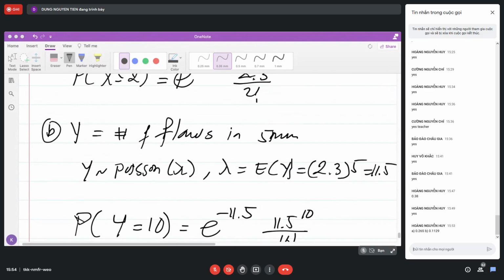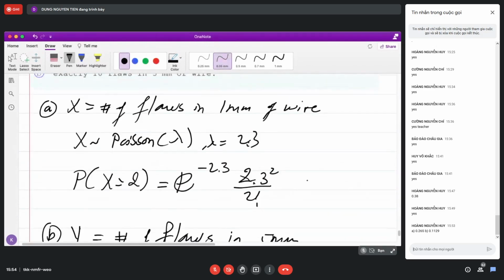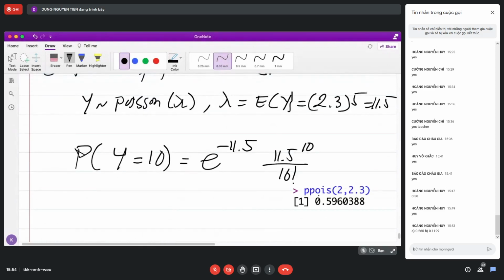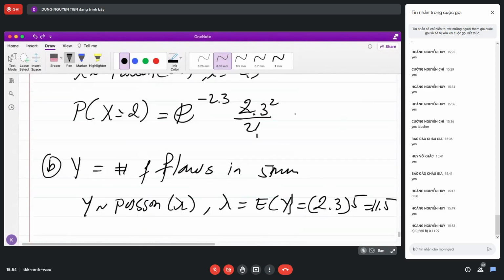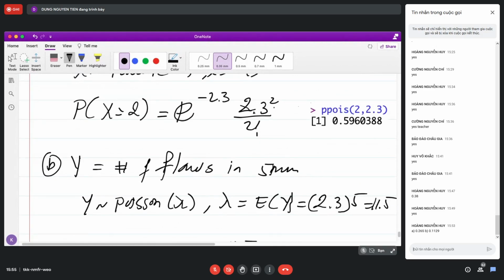For the first question, here are the results you get, 0.5960. For the second problem, it is 10 and 11.5, and you get 0.4.